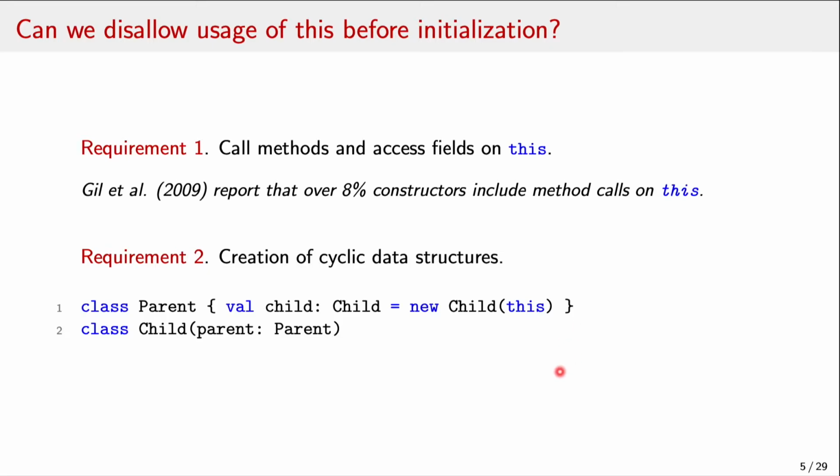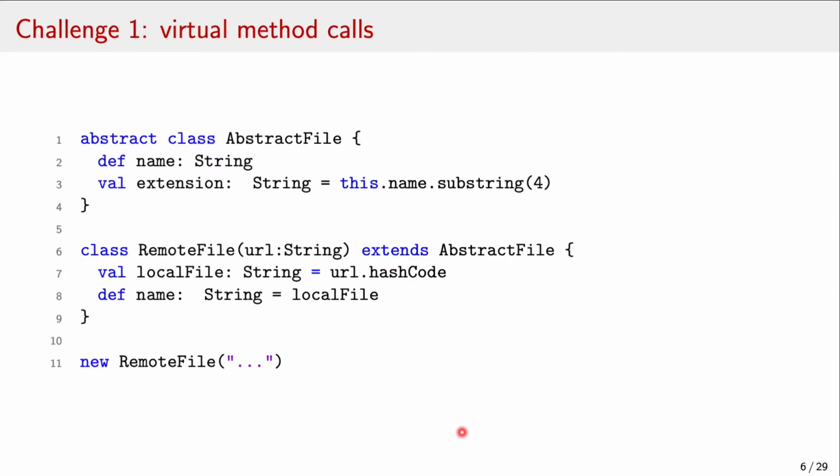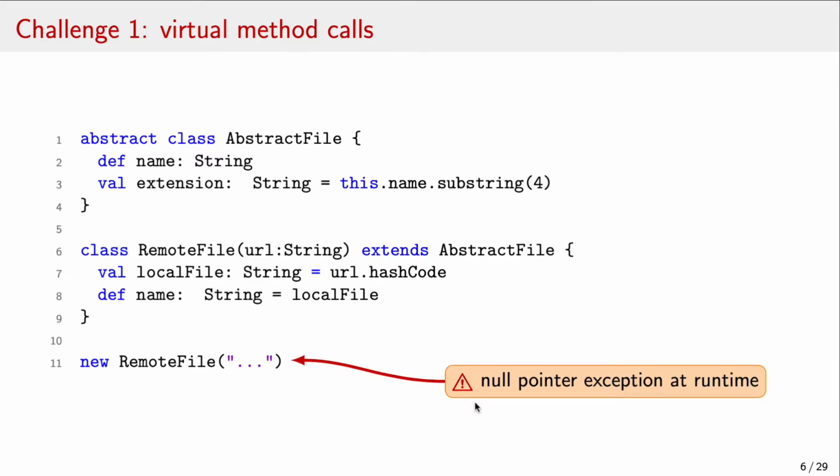There are several challenges that make it difficult to safely support the two requirements in an initialization system. The first challenge is about virtual method calls, because we generally do not know the targets of virtual method calls at compile time. This program, when run, will result in a null pointer exception.